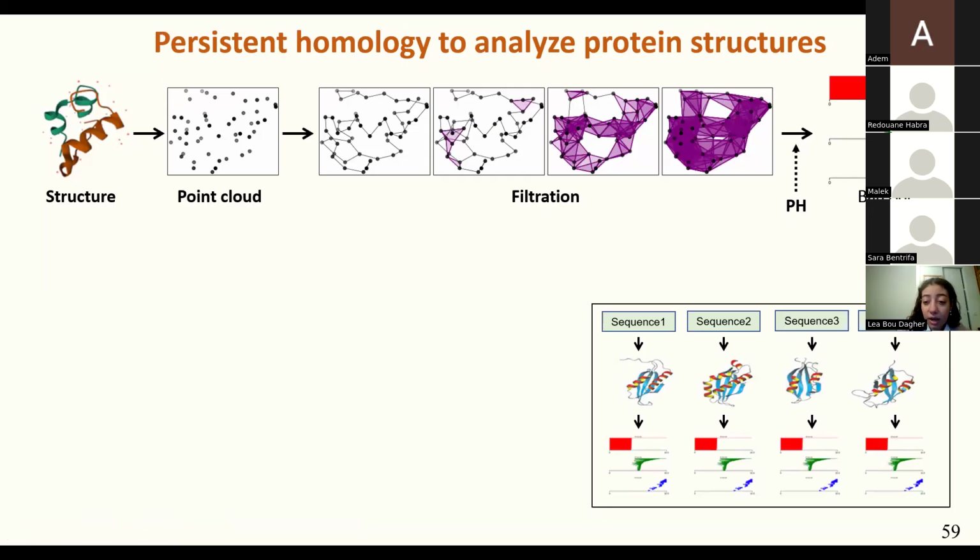My question was, I want to apply this to a collection of proteins. From each protein sequence, I predict the structure using AlphaFold, and for each structure, I computed this geometric representation, which is the barcode.